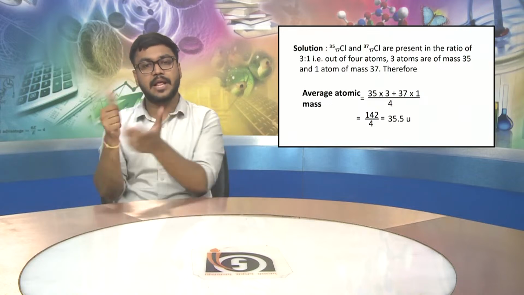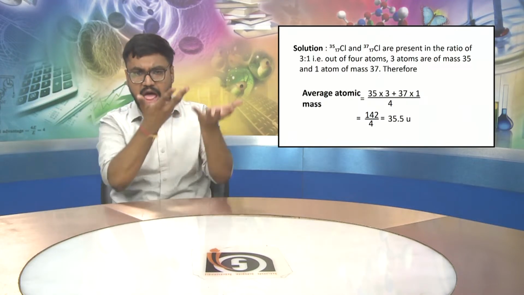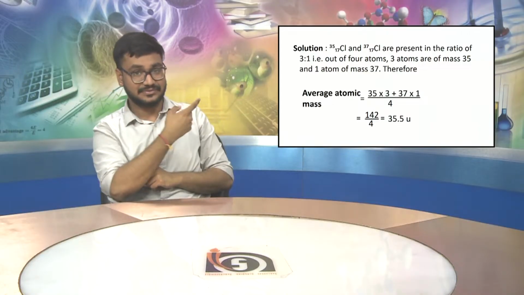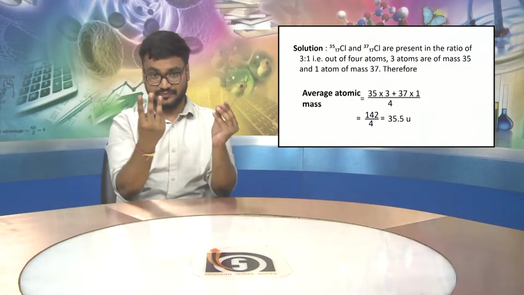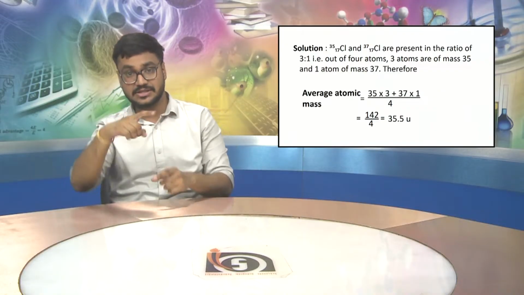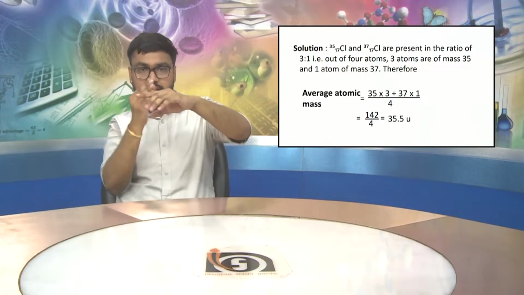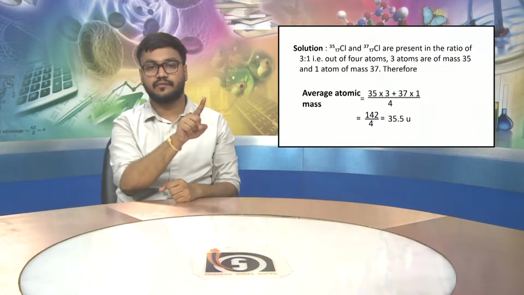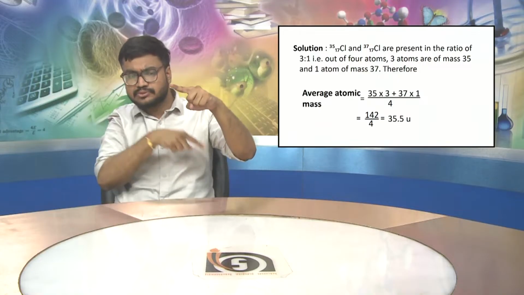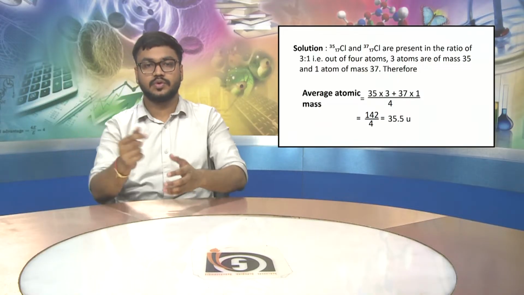Therefore, we will get the average atomic mass by adding them and dividing by 4. So, after calculating, we get 142 upon 4, and in total we get 35.5 atomic mass.